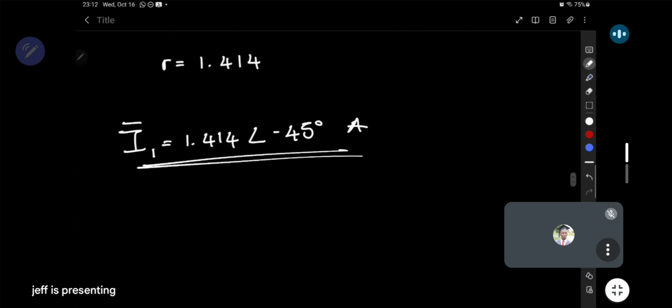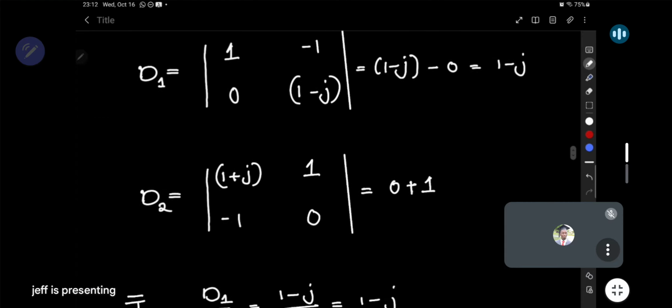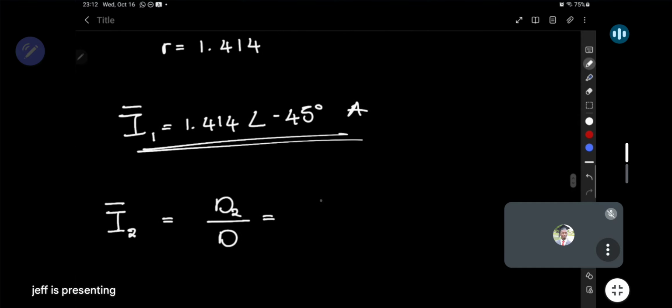In the same way, we get I2. I2 will be D2 over D. What did we get as our D2? D2, we got 1. So this is going to be 1 here over D. D was also 1. So here we're getting I2 as just 1 amp.